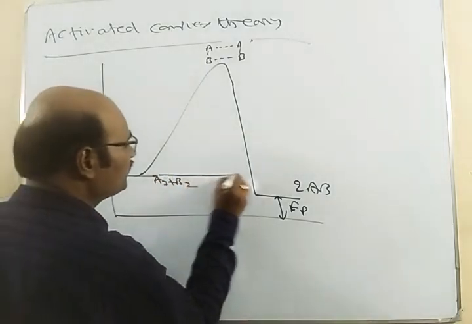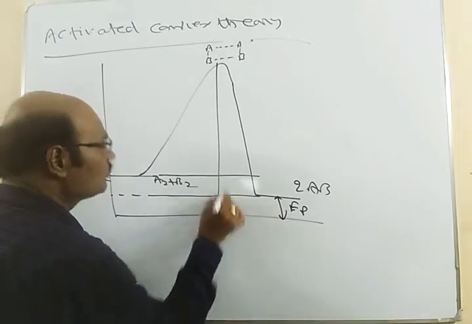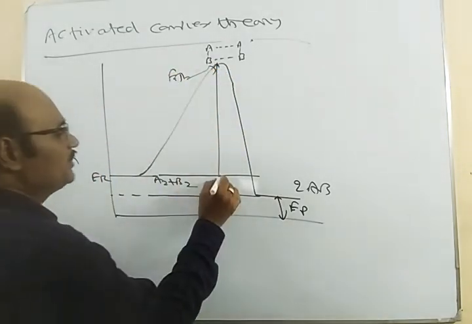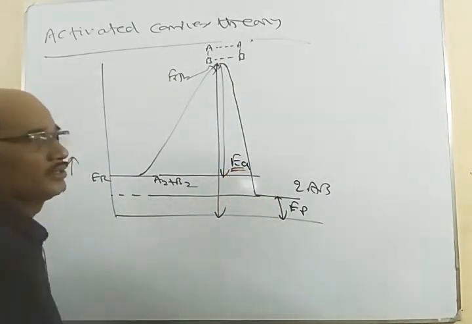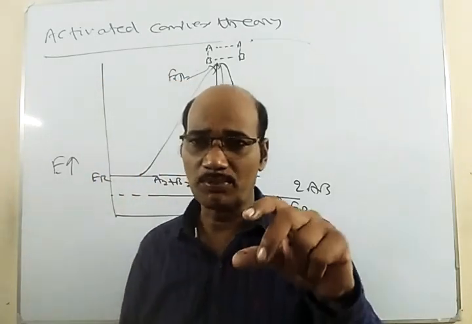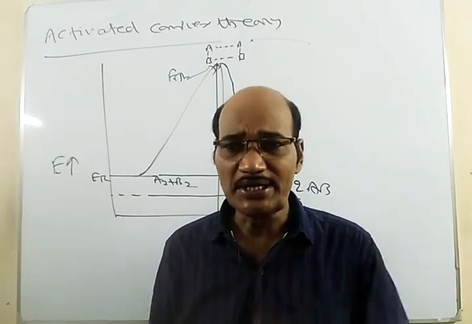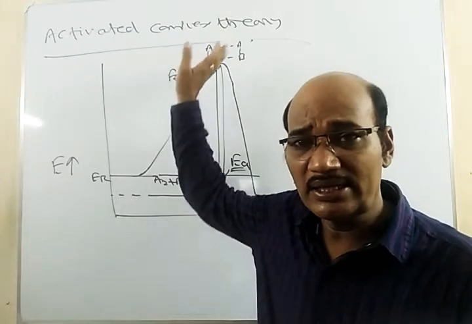So already we discussed this energy is what? The whole is ETH. And this energy is EA. So when the reactant molecules are supplied the extra amount of energy, they reach the threshold energy state, the highest energy state.